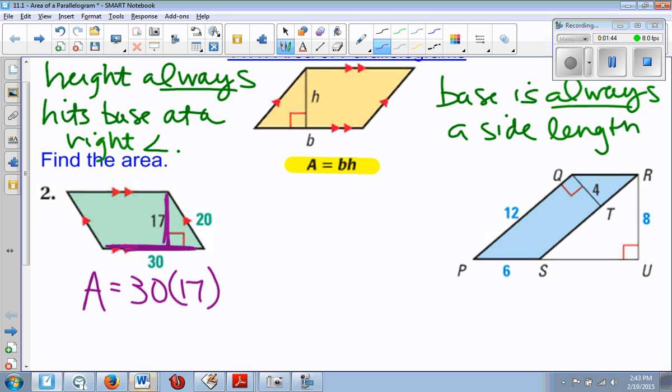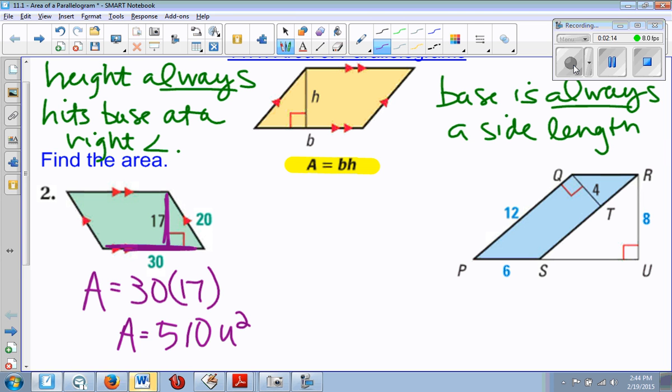If I multiply 17 and 30, we end up with a total of 510. Now, if this problem had units in it, then my units would be whatever they are squared, so feet squared, inches squared, and so on. This one doesn't have units in it, so just answering with 510 would be okay.